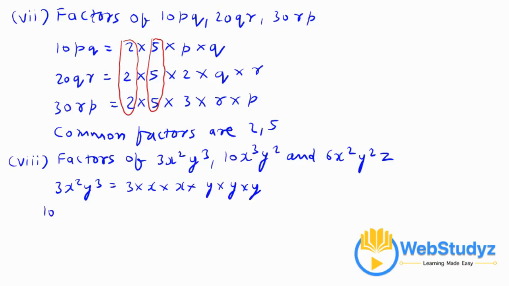Similarly, factors of 10x cube y square will be 2 into 5 into x into x into x into y into y. Now move on to the third one, that is 6x square y square z.